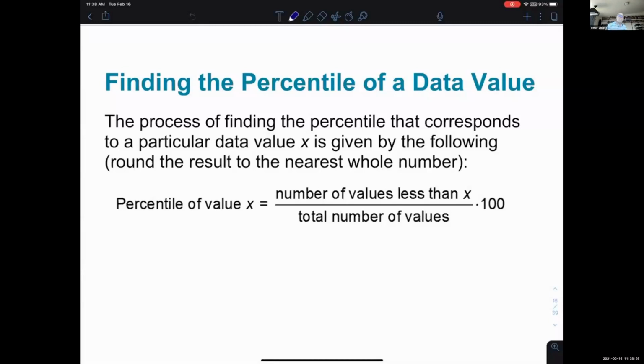The percentile of a data value X is you take the number of data values that are less than that one and divide by the number of all the data values. That'll give you the portion of the data values that were below that one. And you multiply that decimal by 100 to move the decimal over 2 places and get a percentage.